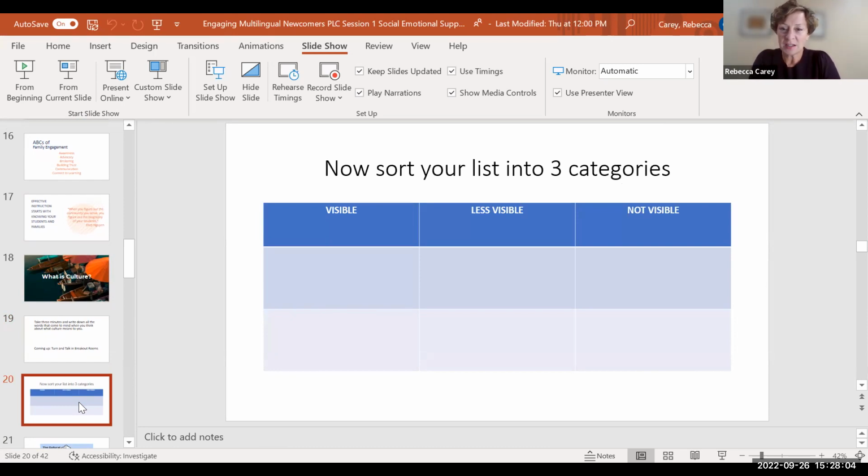And then when we come back together, I'm going to ask you to do a short bit of sharing. And then I'm going to ask you a couple of questions. And one of the questions is, what do you think you already know about your students from this list? And the second question will be, what do you think your students want you to know from this list that perhaps you don't know yet?